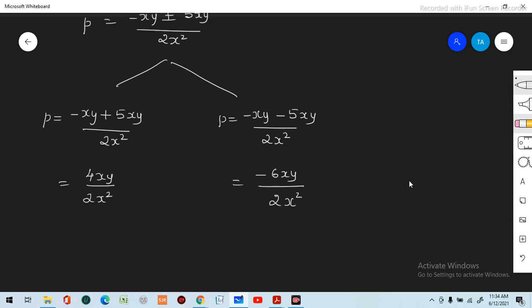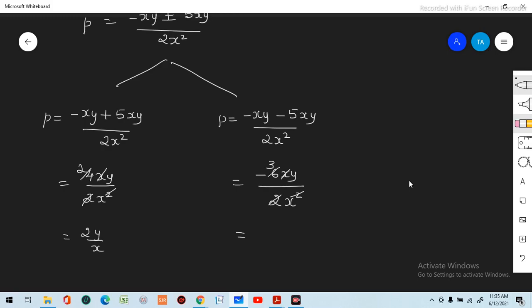Now cancel out the terms which is possible here. 2 2s are okay, x with the square, here I'll get 3 x. Be careful with all the signs and the terms which are remaining and write. Here I have 2y by x.